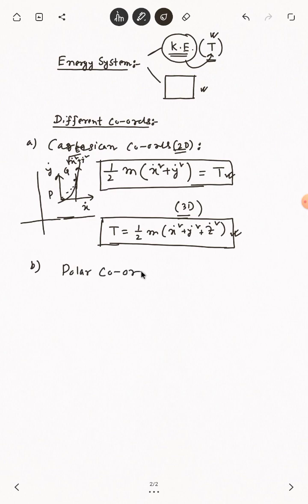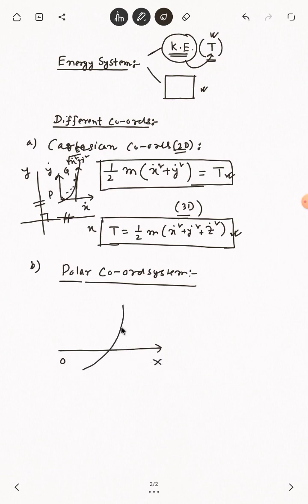Polar coordinate system. What was the polar coordinate system? In the Cartesian system, we see two mutually perpendicular axes, the x-axis as well as the y-axis. But in the polar coordinate system, we have only one axis, that is OX. And a particle moving on this curve is here at P. We denote its position by r and theta.